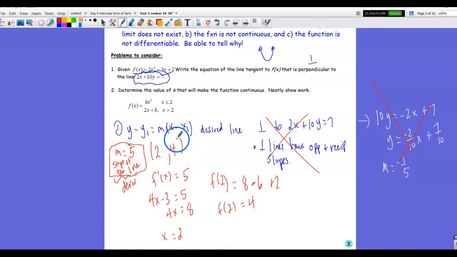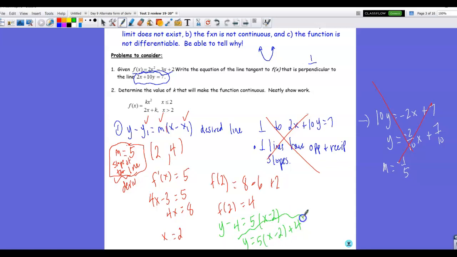So now I have all of my elements. I have an x of 2, a y of 4, and a slope of 5. So I'm going to come down here and write the equation of my line. So y minus 4 is equal to the slope of 5 times x minus 2. And I'm going to get y by itself, always as the last step. We always want y by itself when we write the equation of a line.